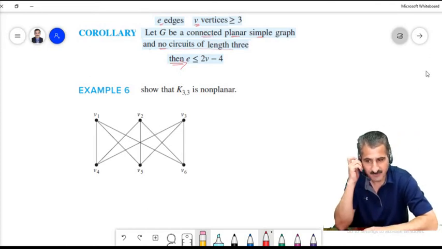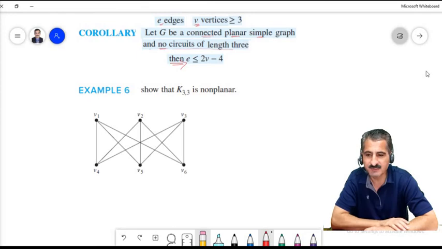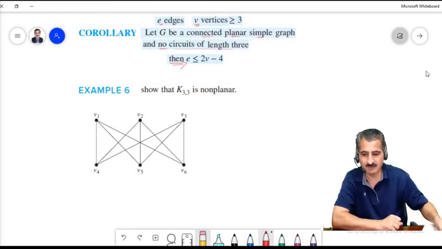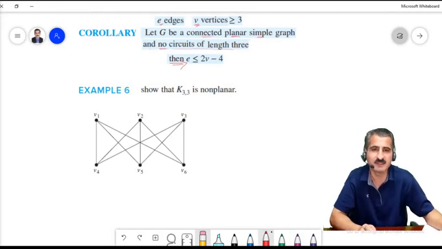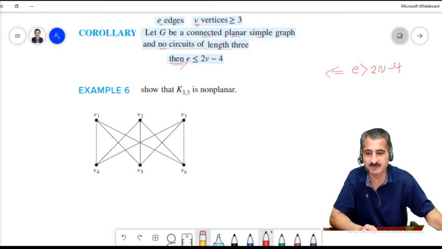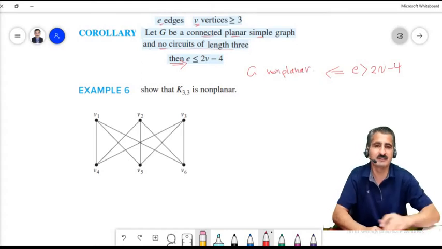Okay, so how will that help us to decide some graphs are non-planar? We will use the contrapositive, which says if I have E greater than 2V minus 4, then G is non-planar. But I cannot apply this to any graph.